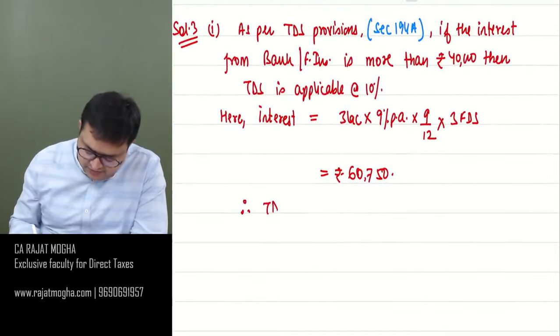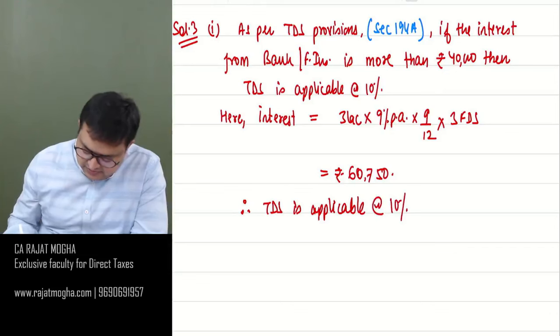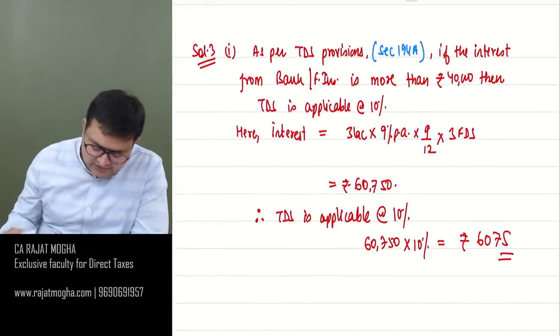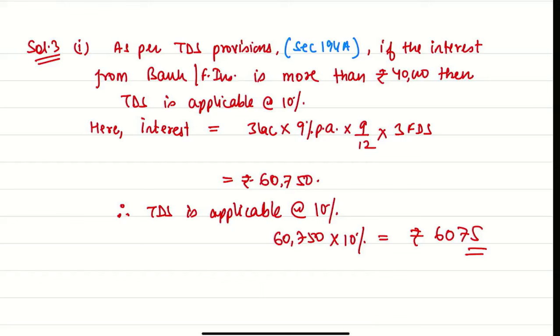Therefore, TDS is applicable at rate of 10%, 60,750 into 10%, rupees 6075. They will deduct 6075. Correct, Deepa. Have you written this, everybody?